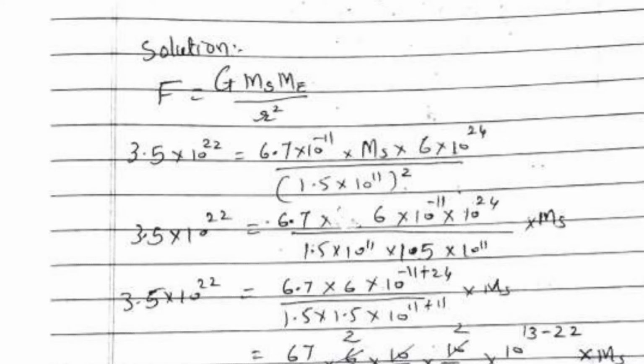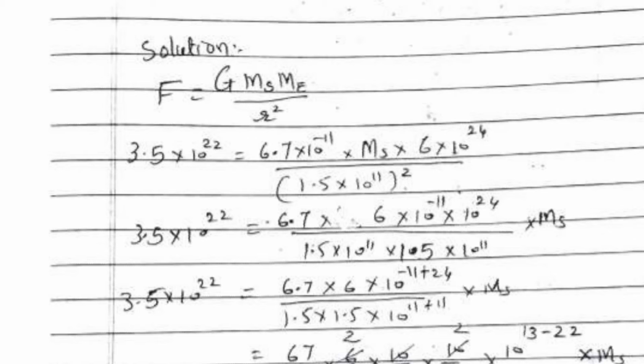So children, what I did in the first step is, this Ms, I have written it aside. Okay, and all these numbers I put together. Moreover, this 1.5 into 10 raised to 11 is squared, so let me write 2 times. What do you mean by square? 2 times. So what I did here, I have written 2 times this, and Ms here. So what is remaining?